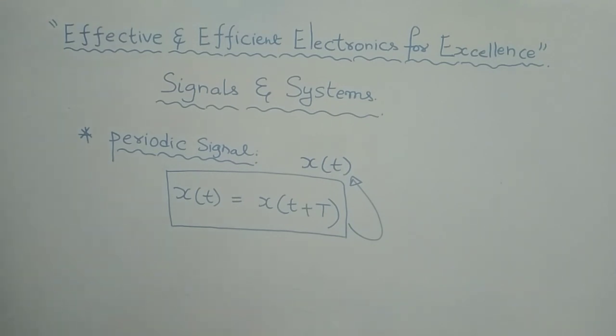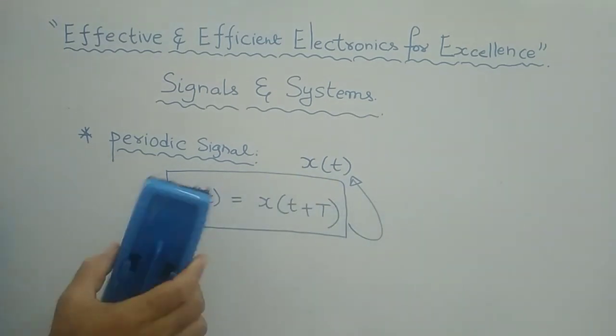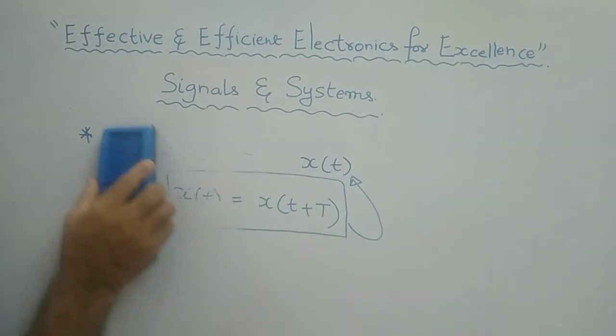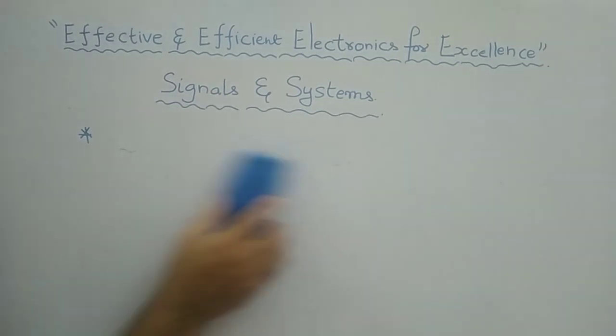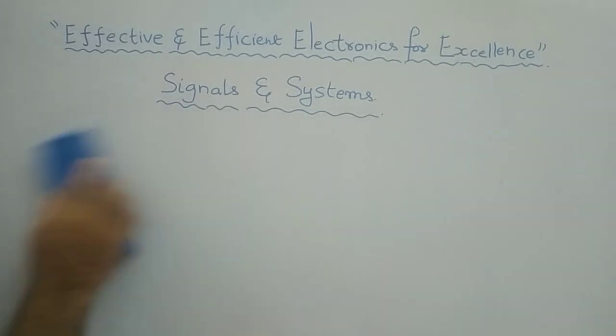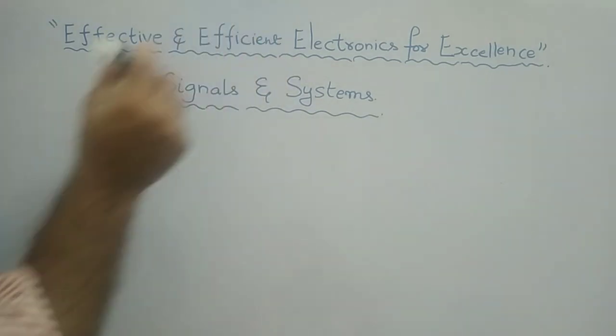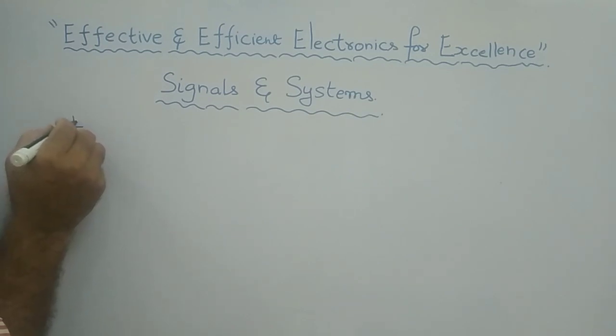In order to understand this concept, I will explain a simple example. Thereby you will understand very clearly how to identify and determine whether a given signal is a periodic one.